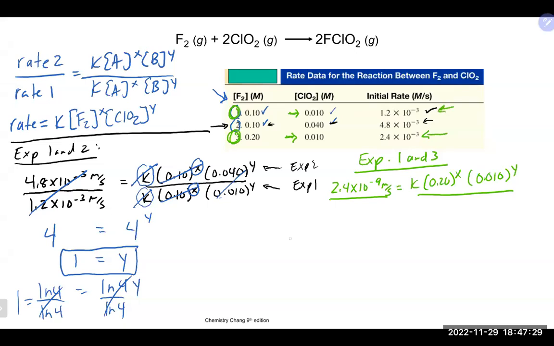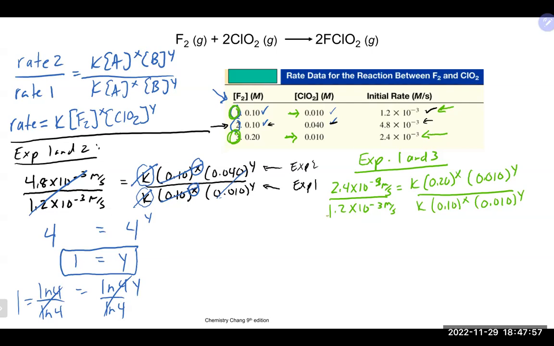Experiment 1 will go on the bottom. 1.2 times 10 to the minus 3. I feel like I wrote 9 there, but that should be a 3. Molar seconds equals K times 0.1 to the X and 0.01 to the Y. So down on the bottom there is all of experiment 1's information, and up on top is all of experiment 3's information.